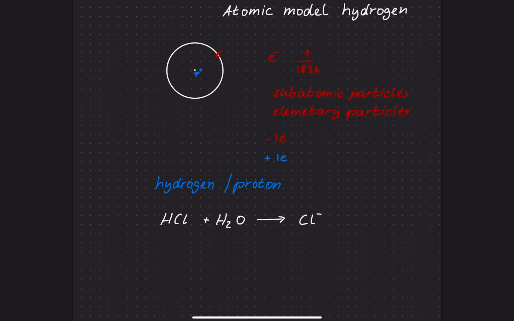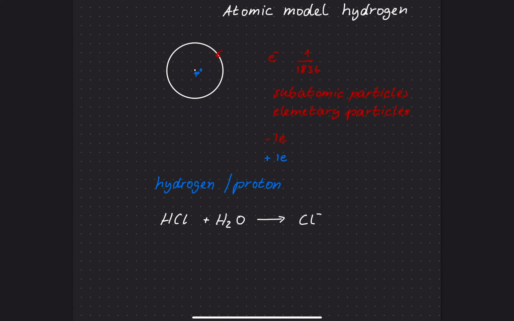And this is the reason why hydrogen and proton can be used in some cases interchangeably, because now that the chemical bond between the chlorine and the hydrogen is broken, we are only left with an H+ in theory.